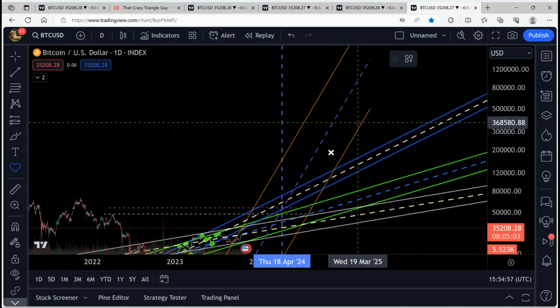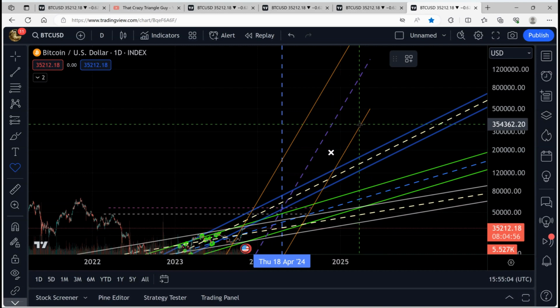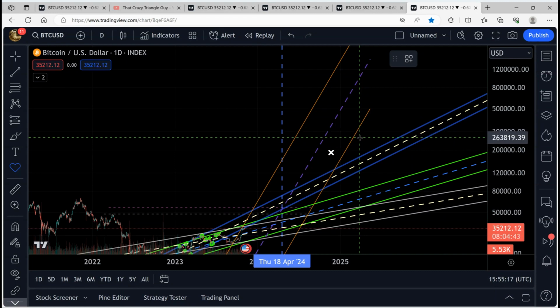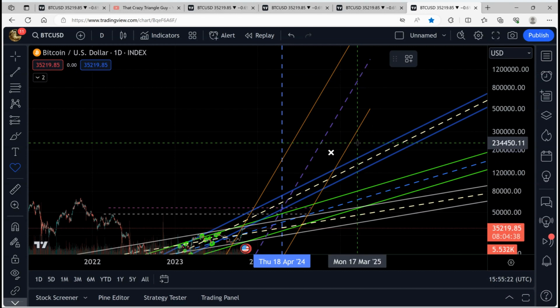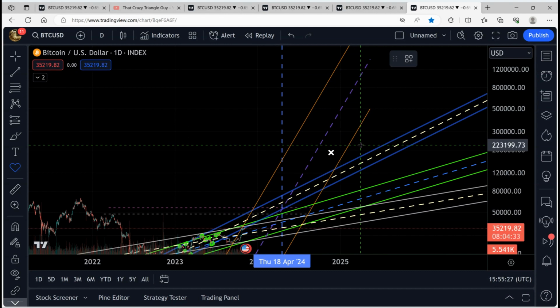Oh, we can't get there. As far as we can go is March on the daily time frame. So close enough. That's pretty high, $340,000. Let's see where 225 is. And we are about in April right here, 225. Right there.